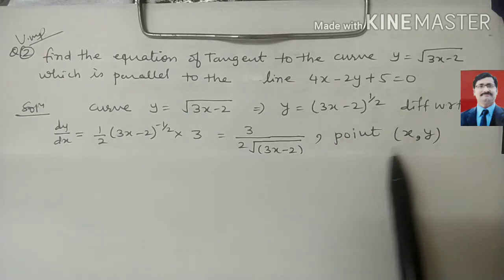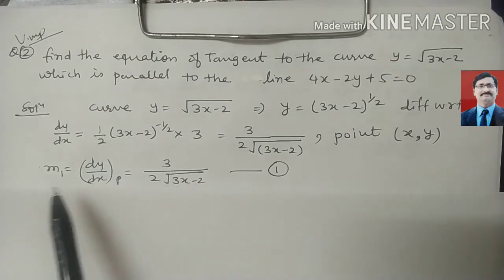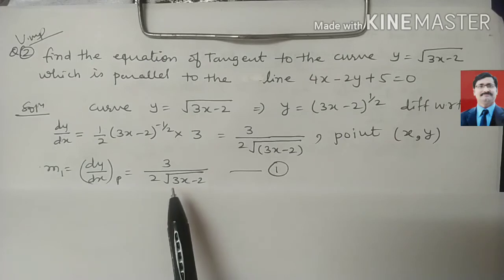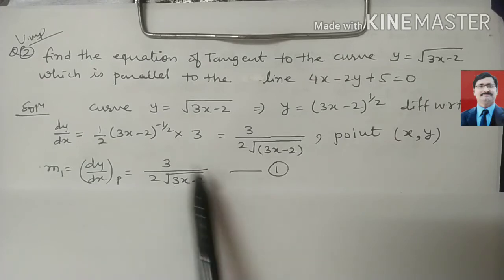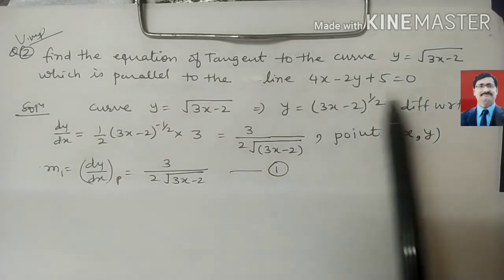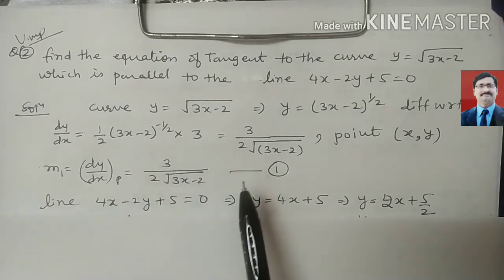Now we will take a point (x, y). So we can find m1, which is dy by dx at point P, equal to 3 upon 2 root 3x minus 2. This is the slope of the tangent. Now we will find the slope of the line. The line is given as 4x minus 2y plus 5 equal to 0, and we arrange it by writing 2y on the other side.